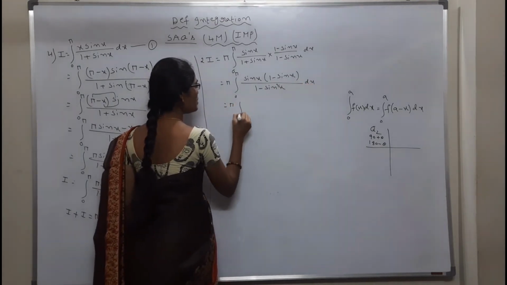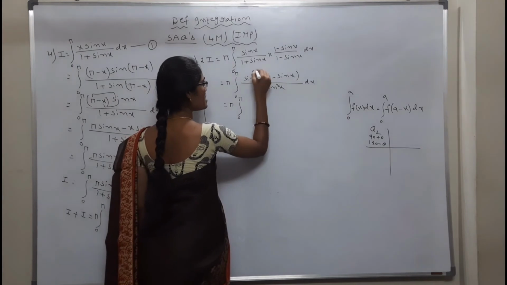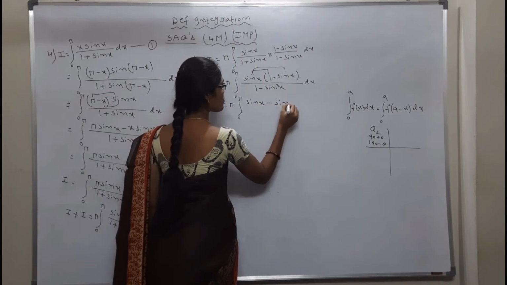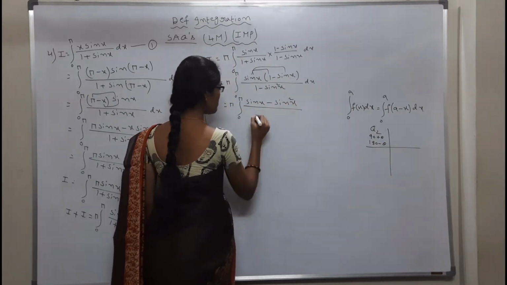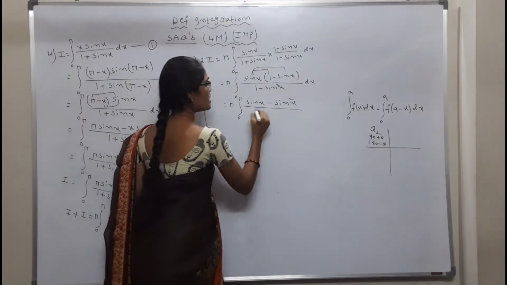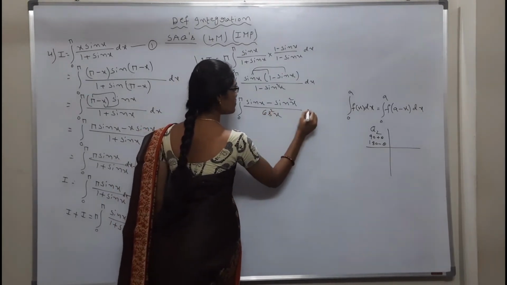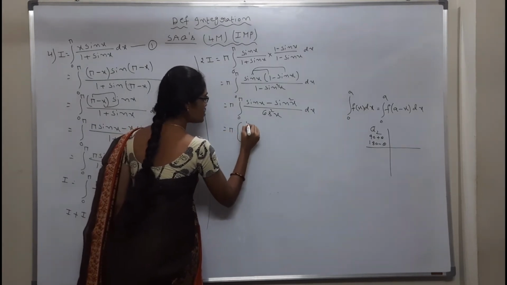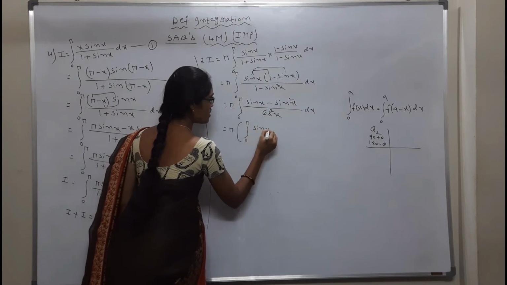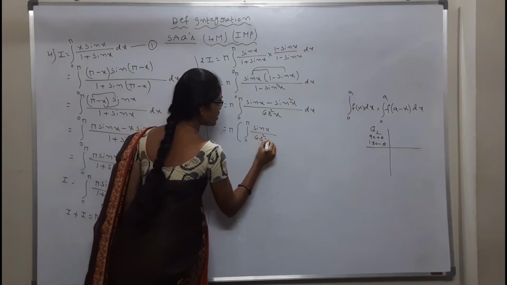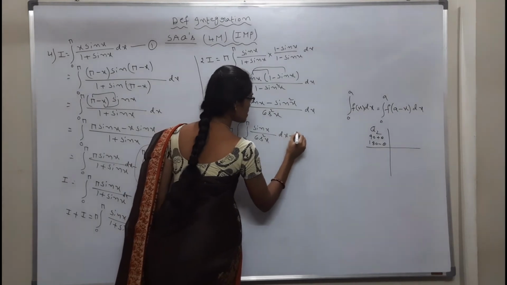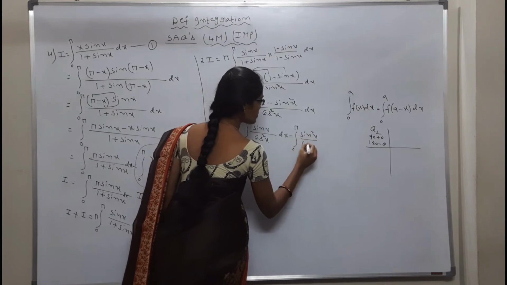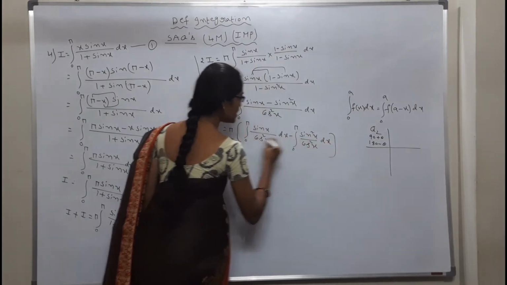That is equal to pi into integral 0 to pi. See here, sin x into 1, sin x into sin, minus sin square x by 1 minus sin square x, from the identity, cos square x dx. Again separating with the denominator, integral 0 to pi sin x by cos square x dx minus integral 0 to pi sin square x by cos square x dx.